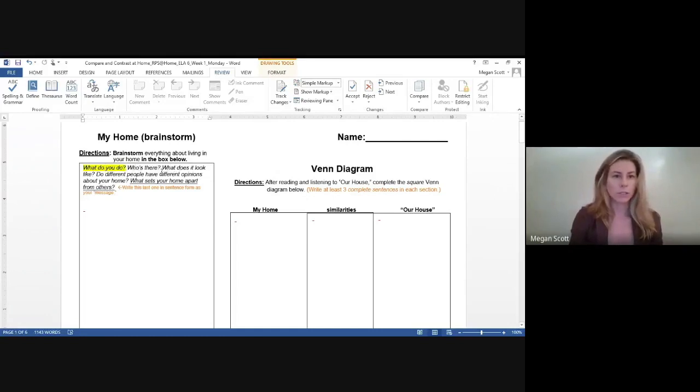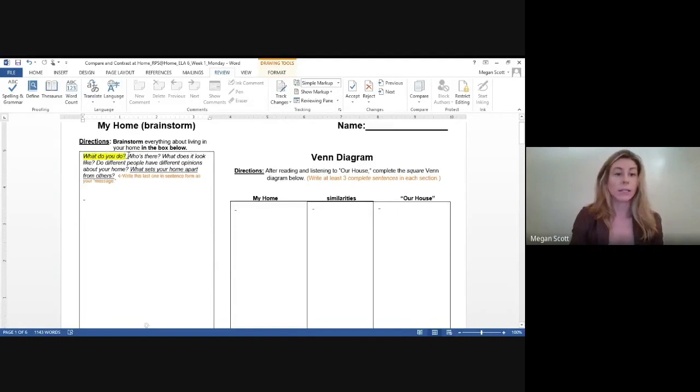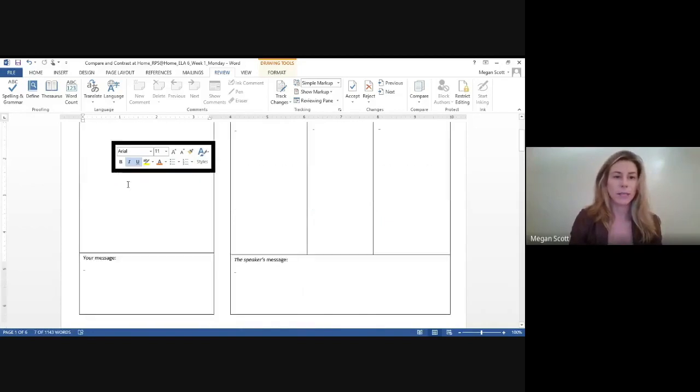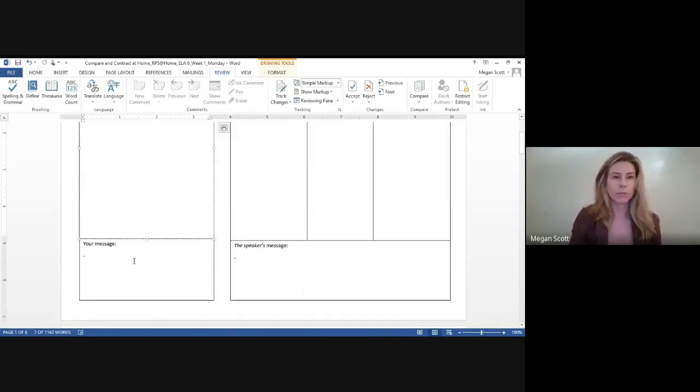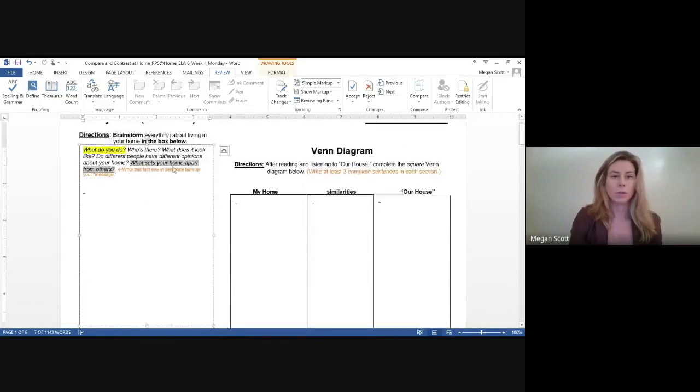Make sure that you answer each one. I'm going to do that by highlighting it as I go, to make sure that I don't skip any. The last question, what sets your home apart from others? I want that one to be in a complete sentence in this box at the bottom. If you're on your paper, maybe just circle that last part when you get to it.